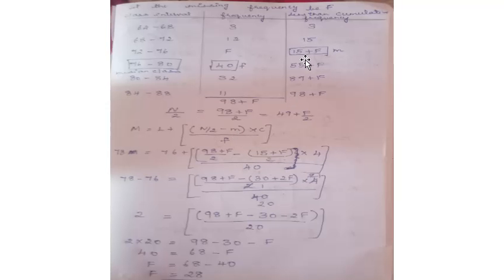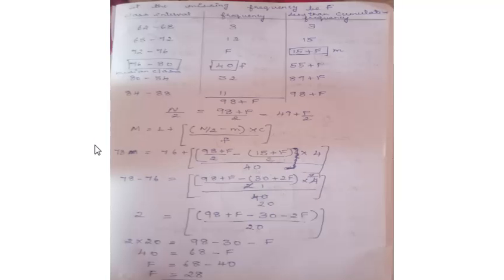M refers to this number, 15 plus f. Then the difference between these two numbers is called c, which is 4. Now divided by f, f is 40.